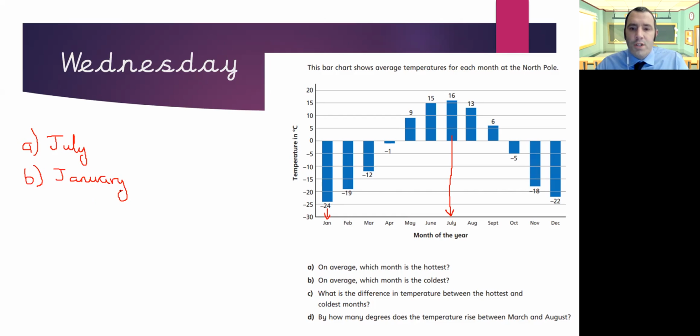C, what is the difference in temperature between the hottest and the coldest months? So C, I'll show you the working out as well. So we've got plus 16 at one end and minus 24 at the other. So if we show this on a number line, I have minus 24 all the way down here, I have 0, and then I have 16.